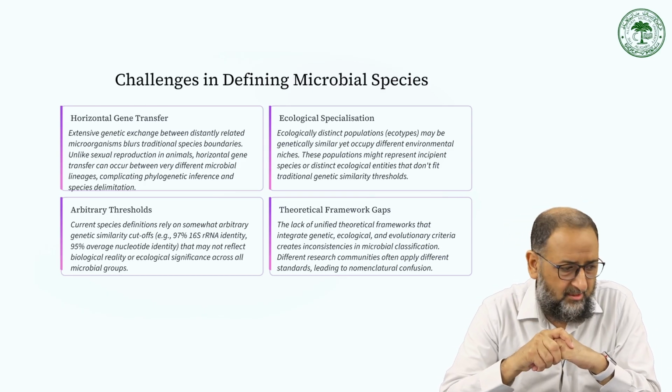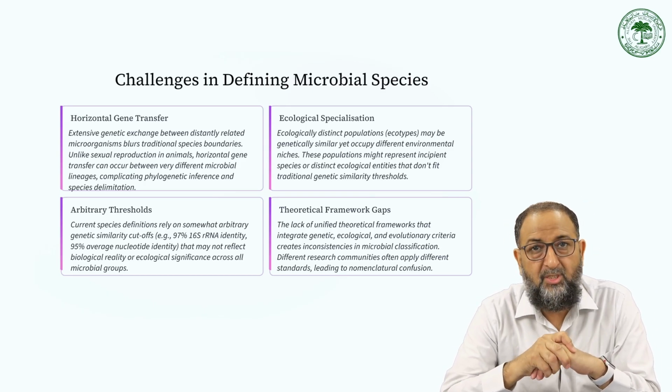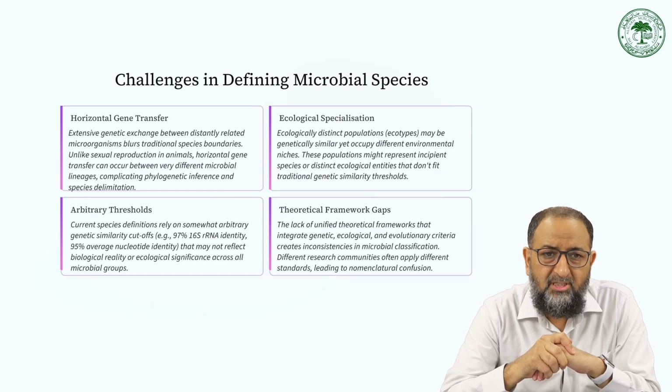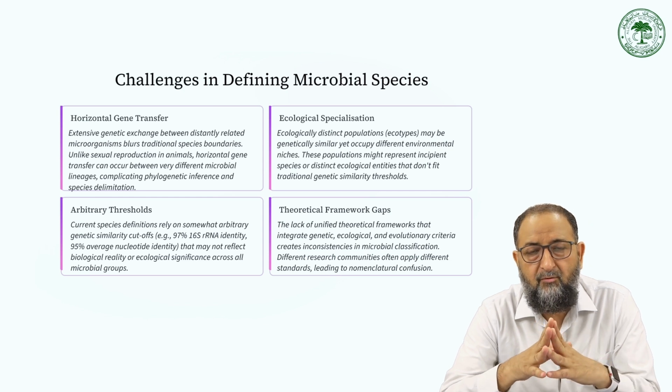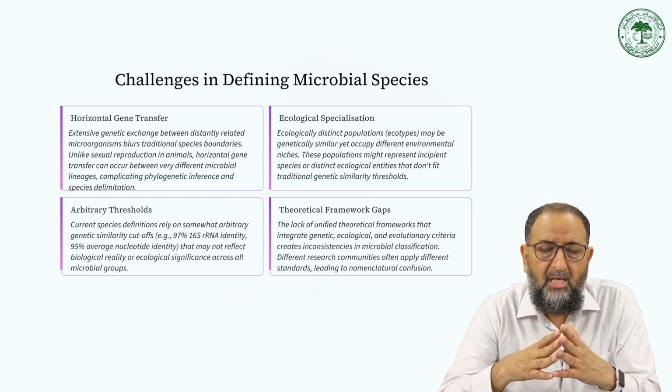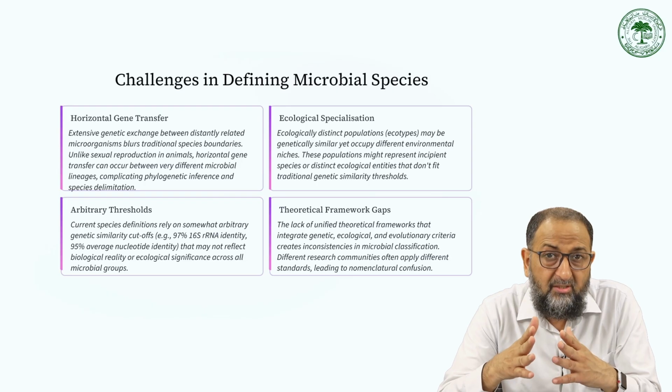Now, what are the challenges in defining the microbial species? Horizontal gene transfer, right? Extensive genetic exchange of the genetic material from one species to another species, and even across the genera, is possible.